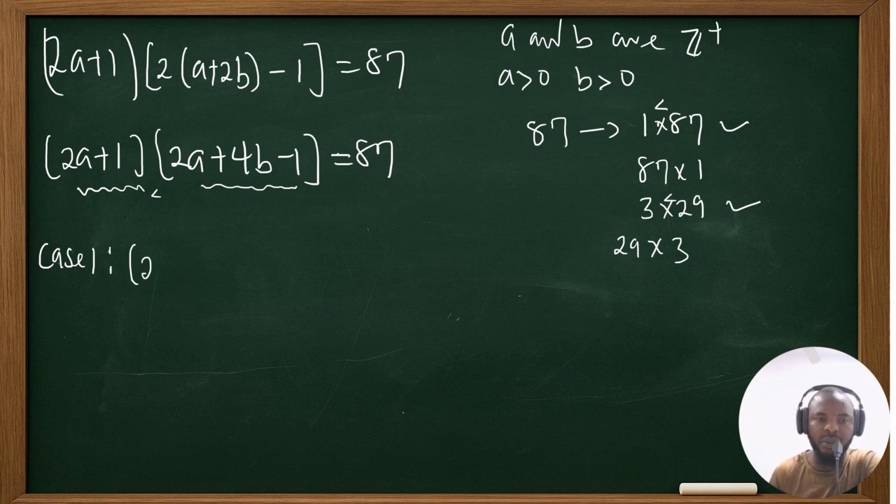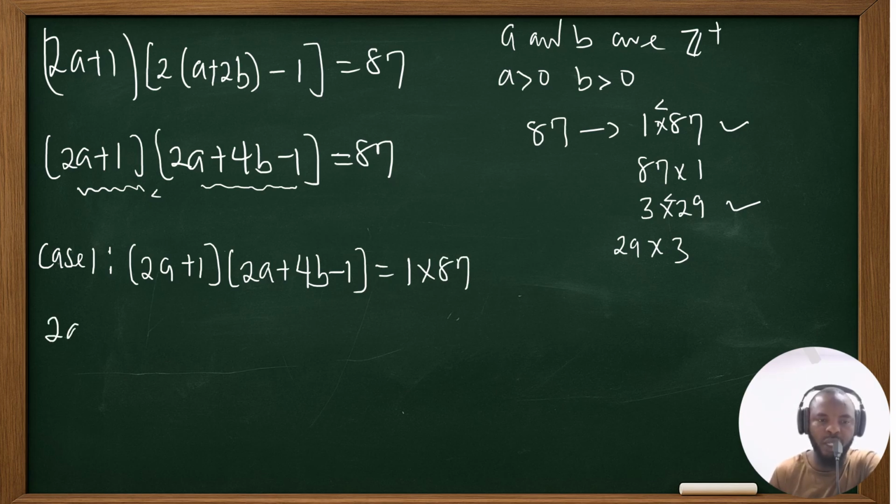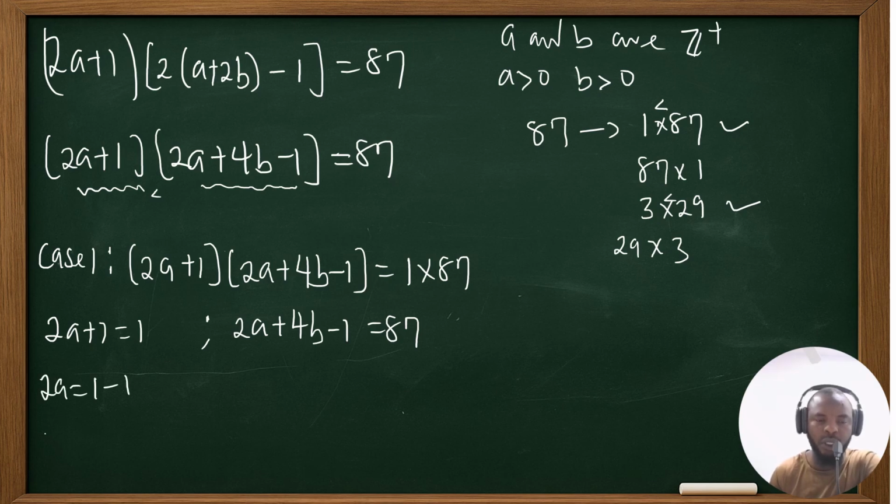So this given equation is going to be 2a plus 1, 2a plus 4b minus 1 equals 1 times 87. Now, this shows that 2a plus 1 equals 1, and 2a plus 4b minus 1 equals 87. Simplifying further, 2a equals 1 minus 1, which is 2a equals 0. This implies that a equals 0.